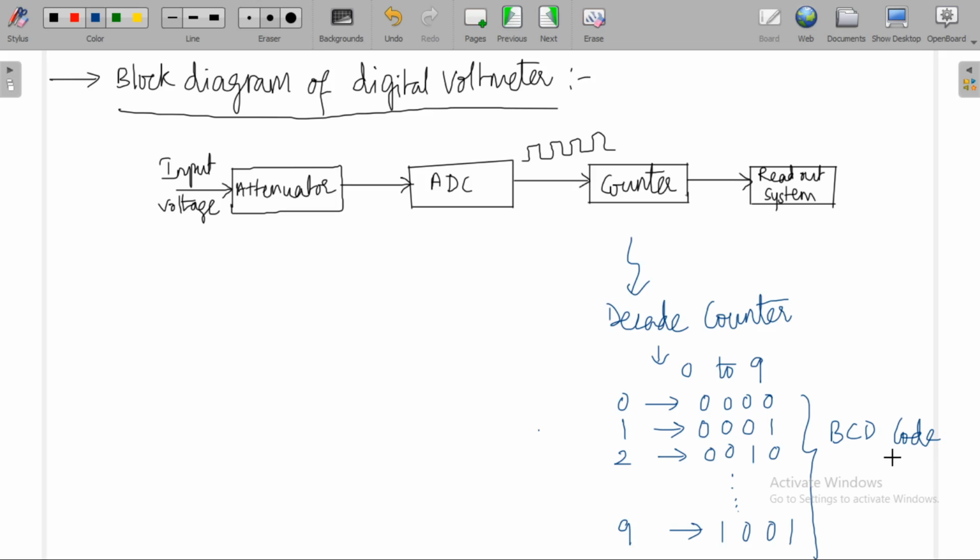If it is counting 1 pulse, 0001. If it is counting 2 pulses, 0010. If it is counting 9 pulses, 1001. Likewise, it counts from 0 to 9 and it generates BCD code.